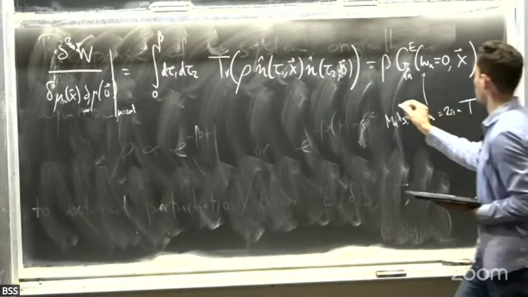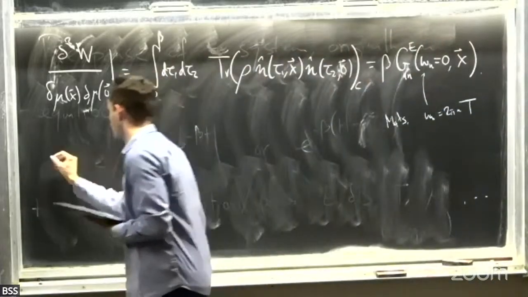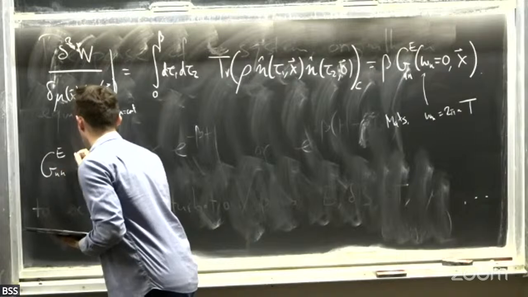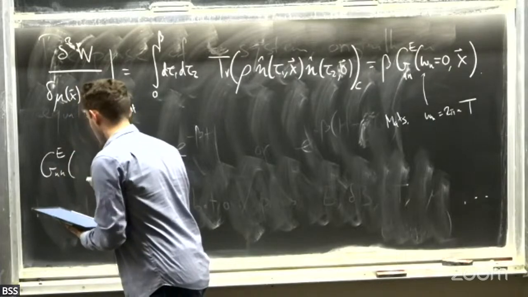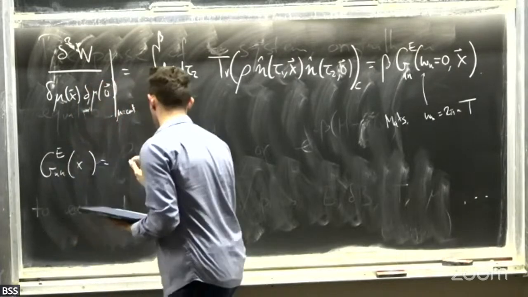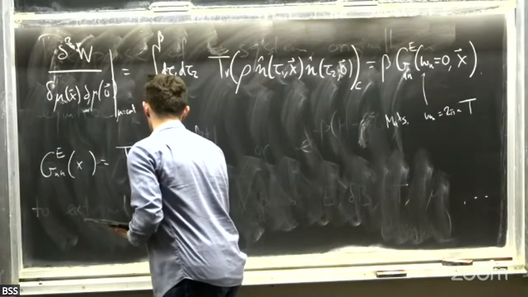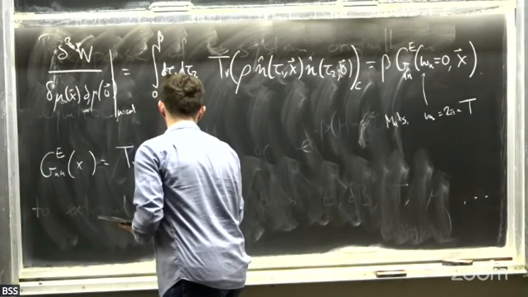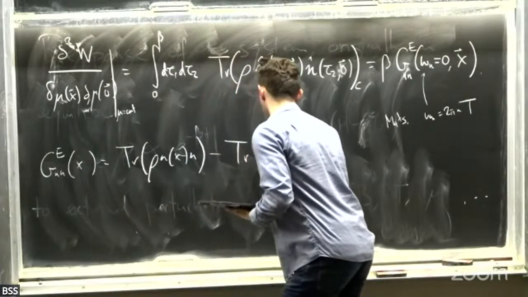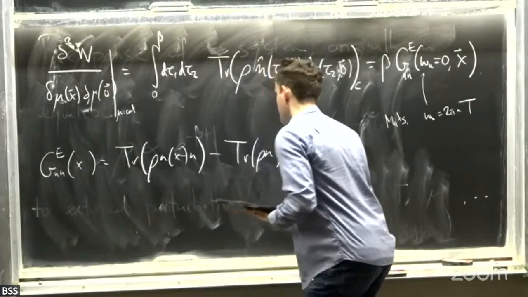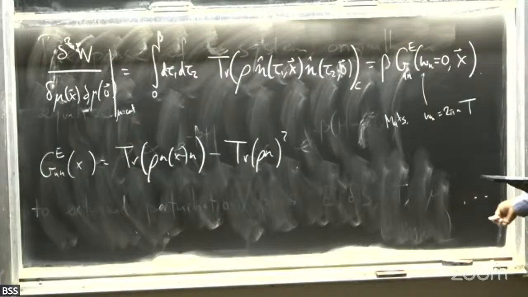Okay, and these are all connected correlators. So the Euclidean Green's function I'm defining to be connected. So it's going to look like this. Okay, is this clear?